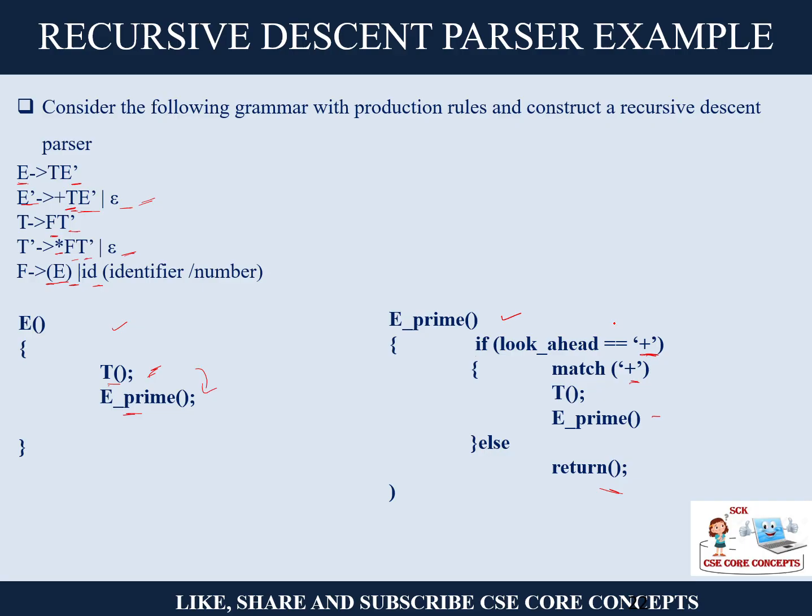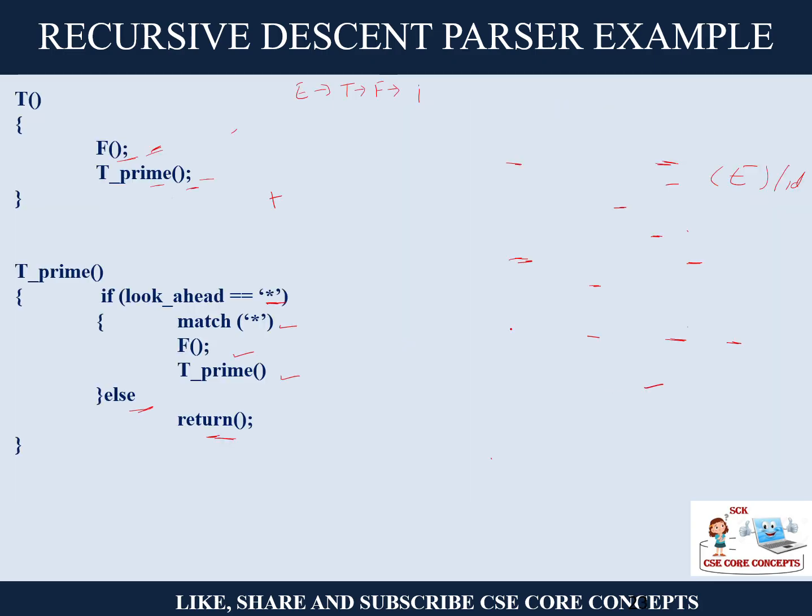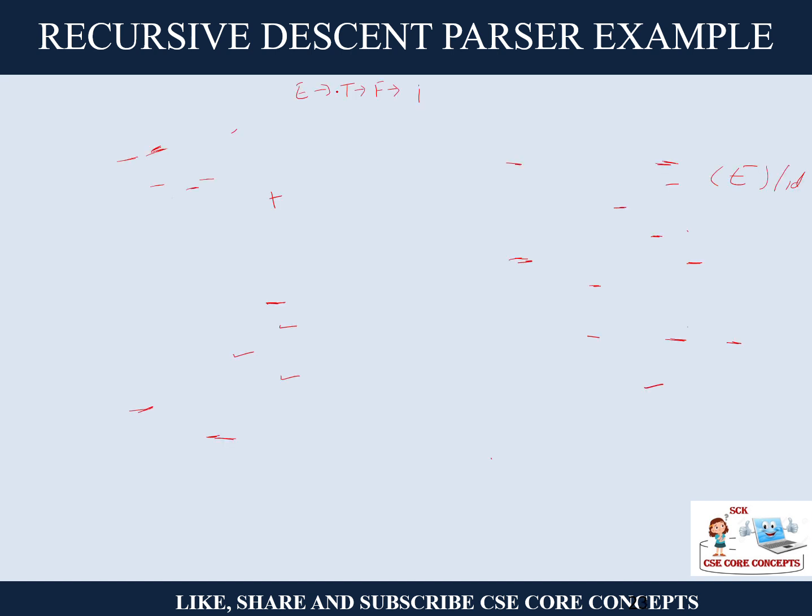Who was the calling function of match this time? It was E prime. After this match function, we are giving a call to T. So our look ahead is now again id, right? So we are giving a call to T. Let's go to the T function. In T function, we give a call to F, right? So again we are in E prime.